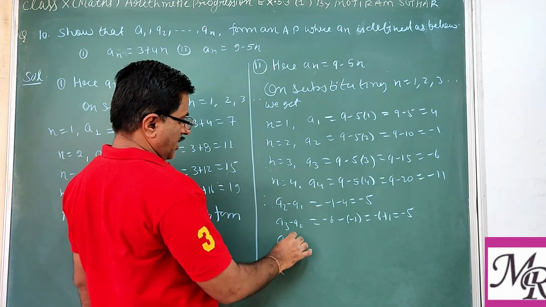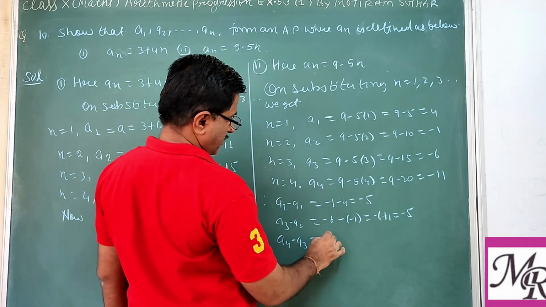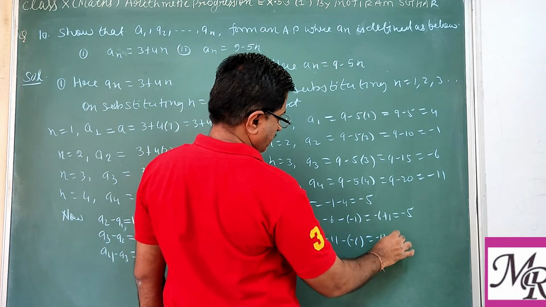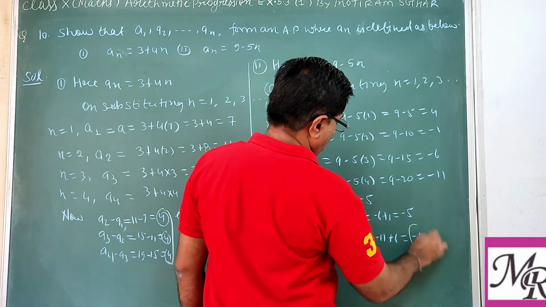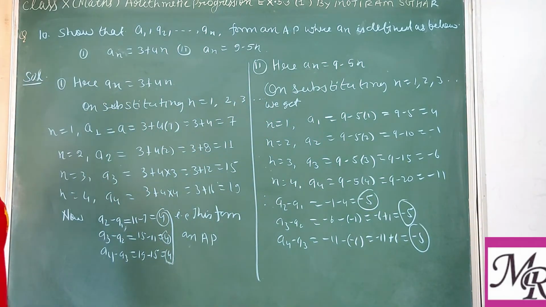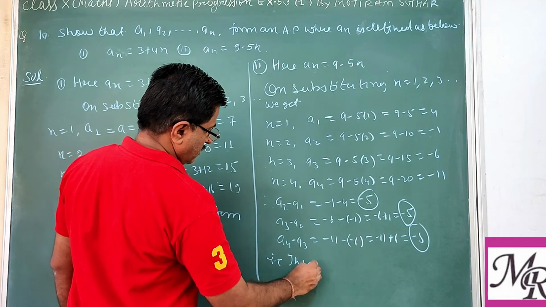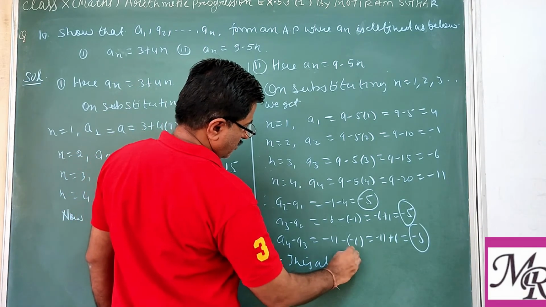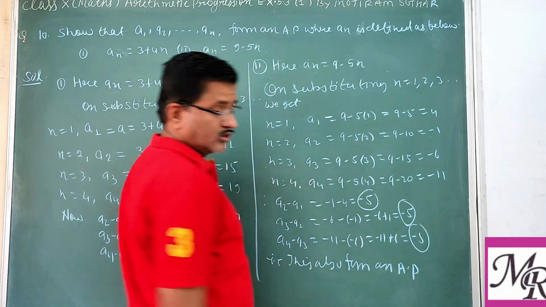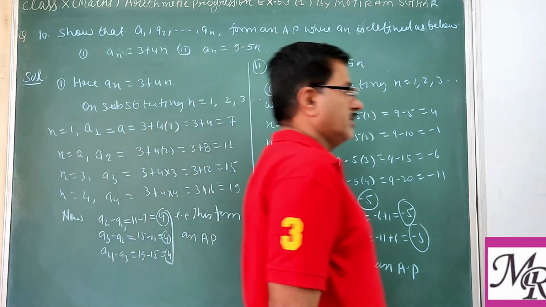Then fourth term minus third term, minus 11 minus (minus 6), which is also minus 5. So in all these, here also it is the same. The common difference is constant. That is, this also forms an AP. So we can say this forms an AP.